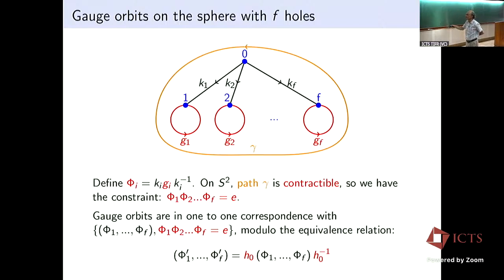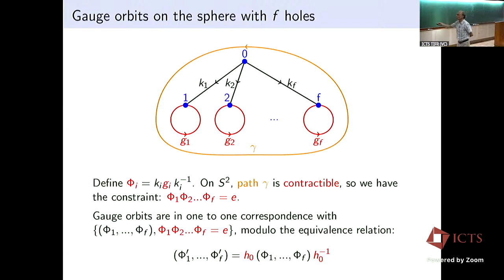On the sphere, you see this orange path gamma. I imagine that I punch F holes. If O is the North Pole, I can always move gamma around the equator down to the South Pole. So the path gamma is contractible, which means that we have this constraint: the product of fluxes should be the neutral element.